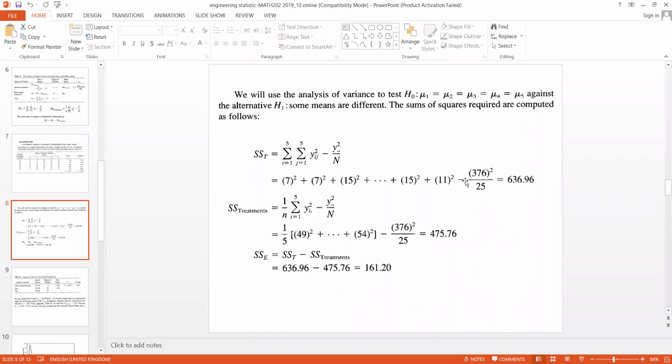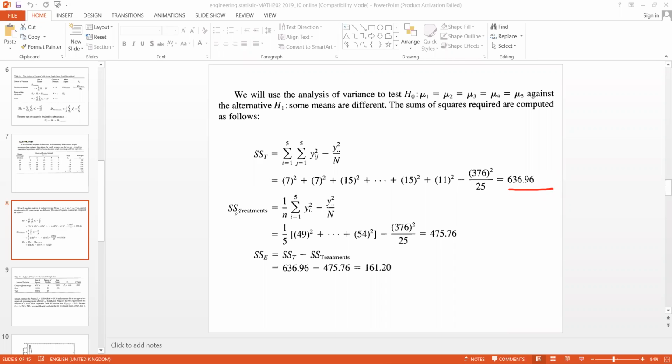Once it is done, I've calculated that to be a total of 636.96. If you verify, I think you also get it, but you may not have enough time to do that online.